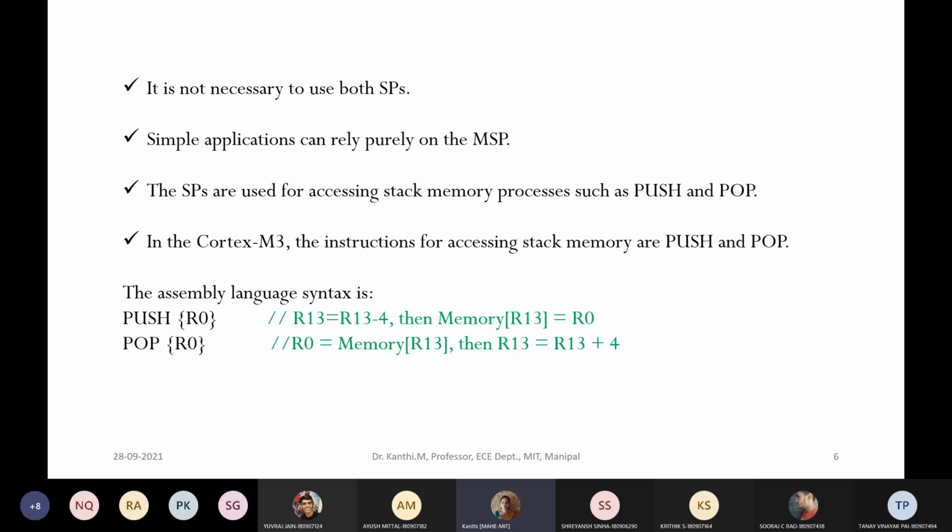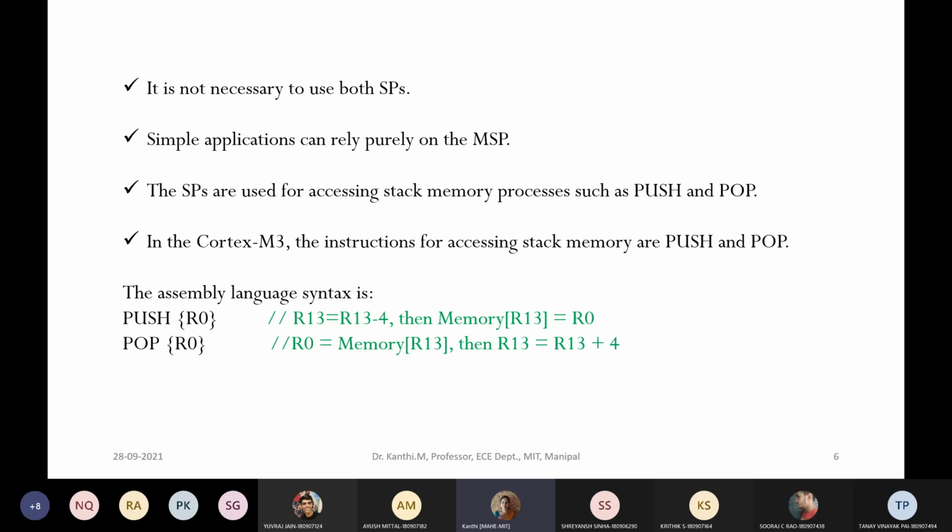So here we can see when you push a register content, please note that you will be pushing a word, not a byte or a half word. When I specify push R0, it is going to copy 32-bit data.